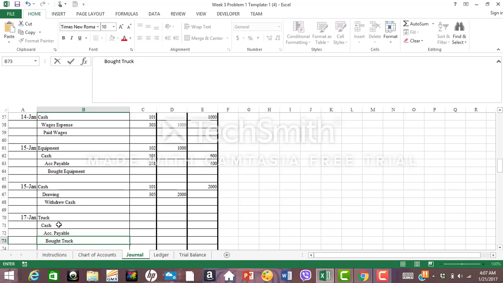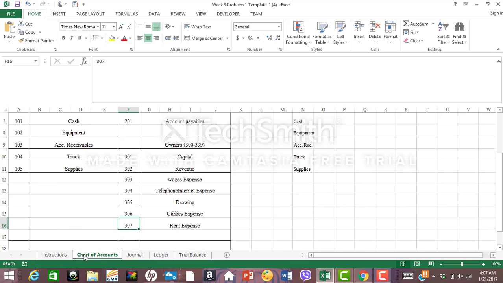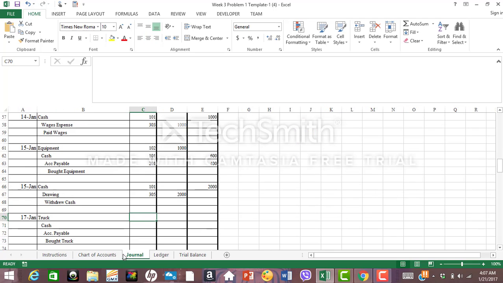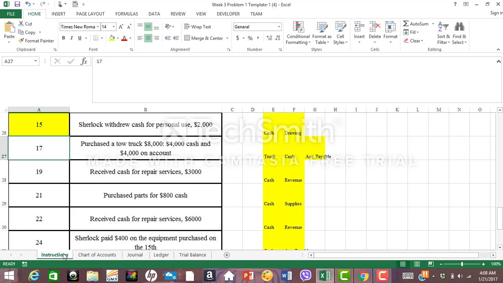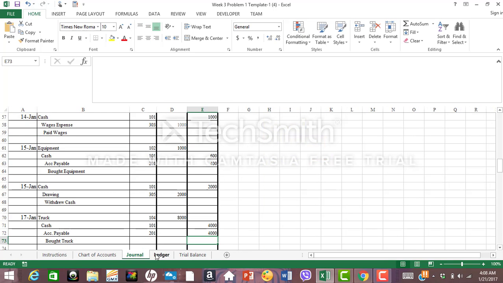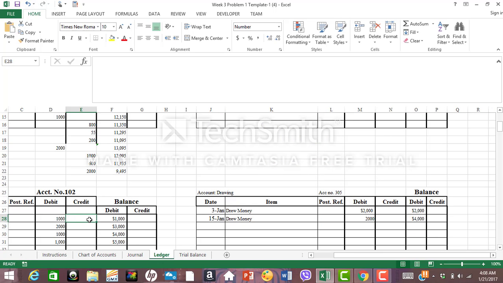Truck is 104, cash is 101, accounts payable is 201. The truck is worth 8,000. They're paying 4,000 with cash and 4,000 on account. And that's it. And then we go to the ledger.